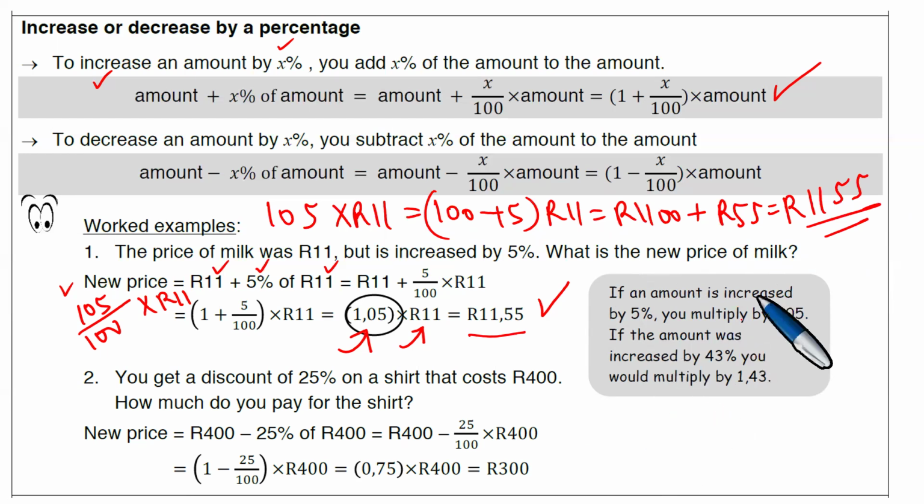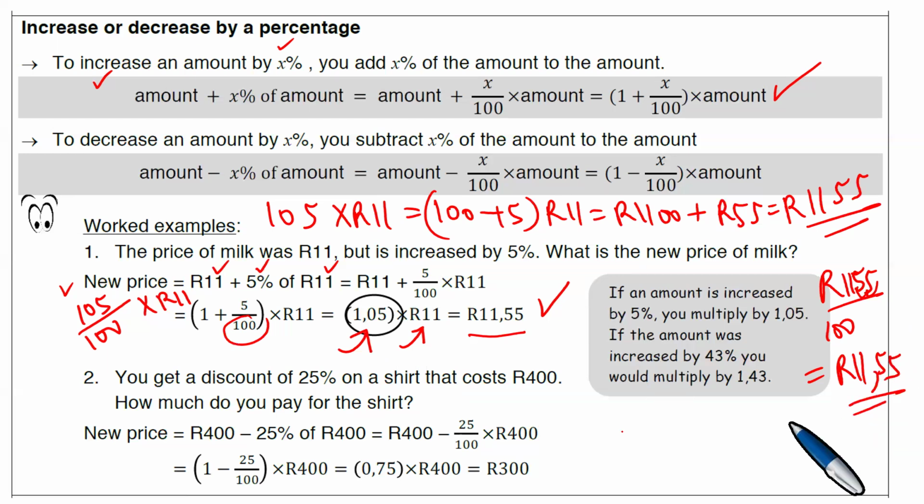Then you divide by 100. How many decimal places? 1, 2. Giving us exactly 11.55. 11 rand 55. We're good.